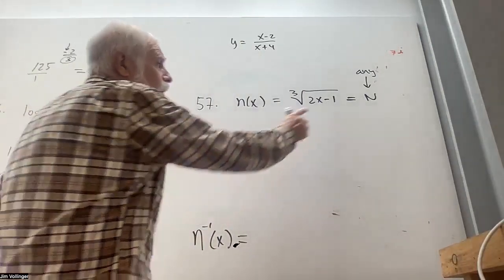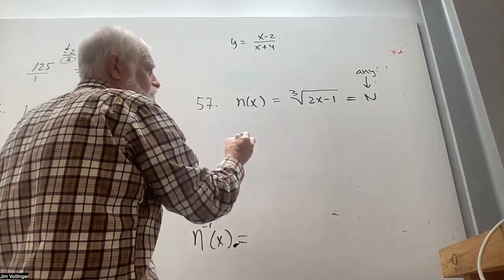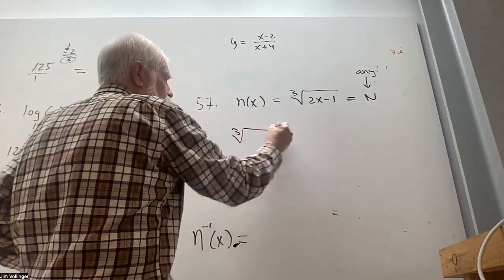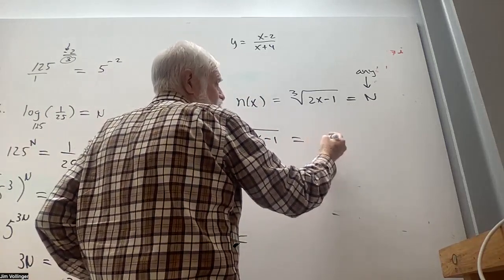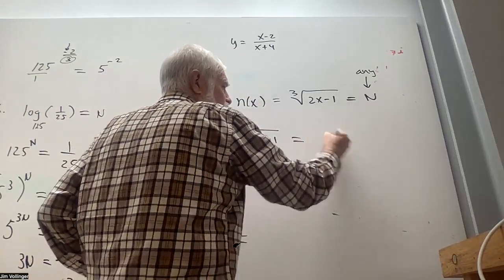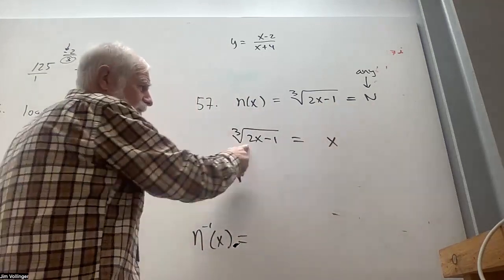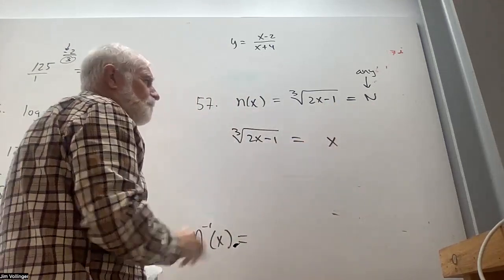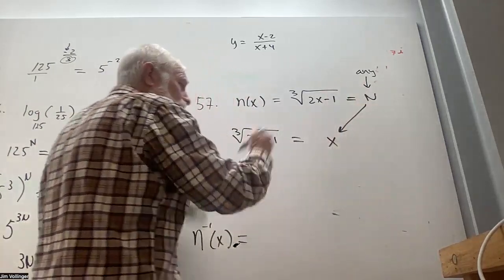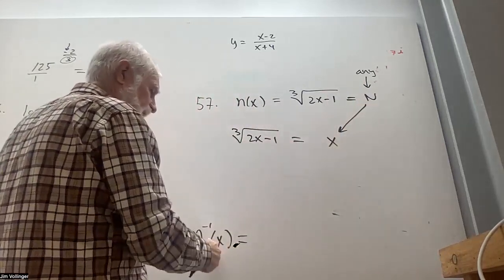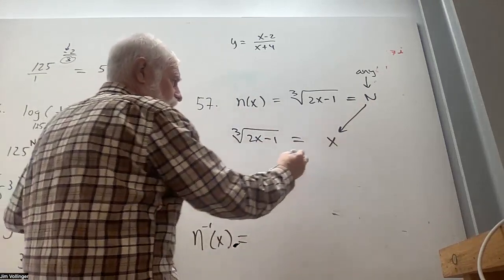Okay, so what would I do? I would take the cube root of 2x minus 1. I'd set it to some number, but in this case, that number is going to be called x. I know I've got x's in the same position here, but this is the answer I get when I solve an equation, because that's going to be a function.